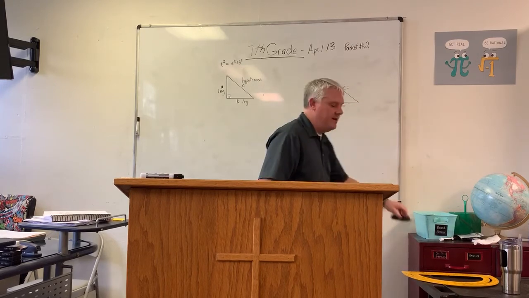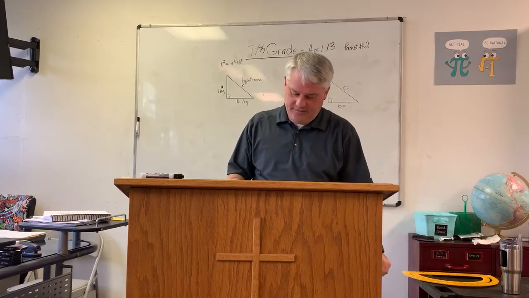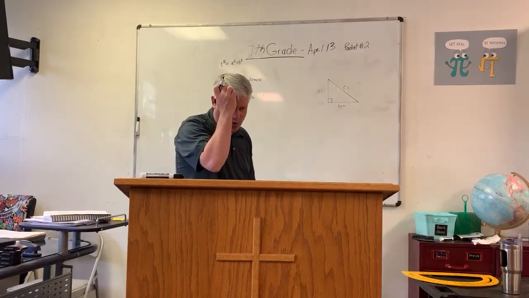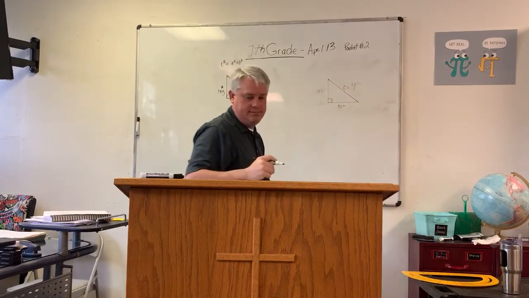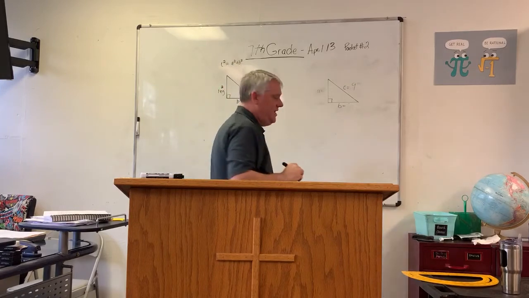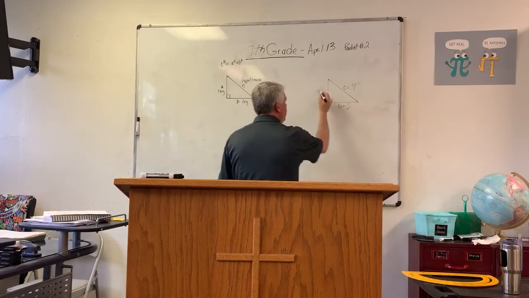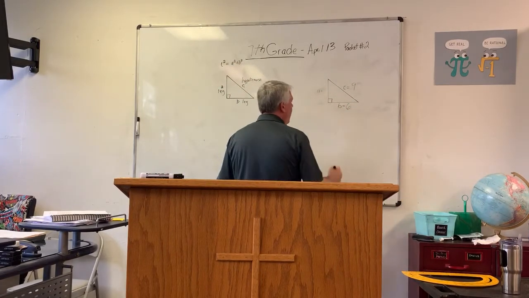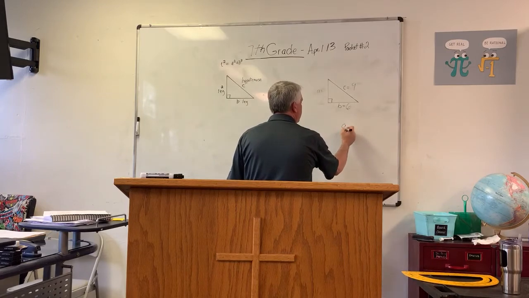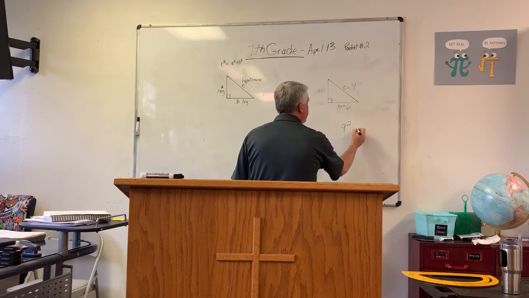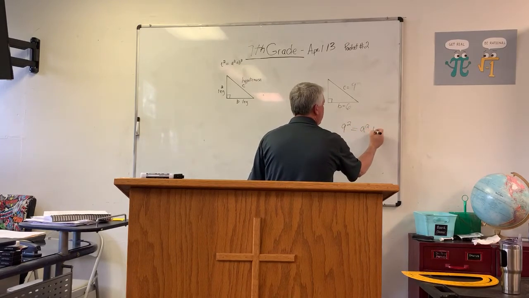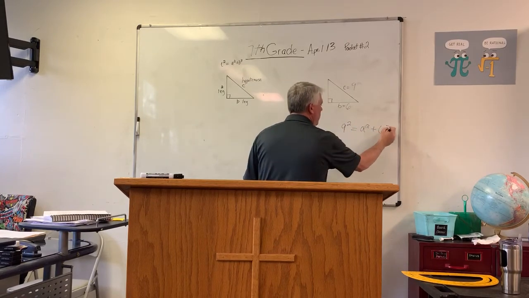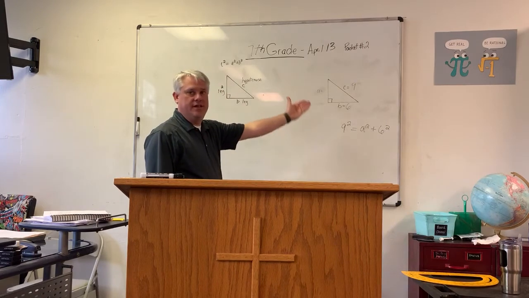There's another example there. Again, we're finding the length of a leg. In this one, the hypotenuse is 9, and B is 6, and we don't know the length of leg A. So again, I'm going to write that 9 squared equals A squared plus 6 squared. Filled everything in.